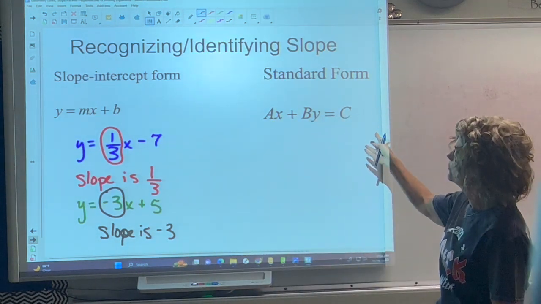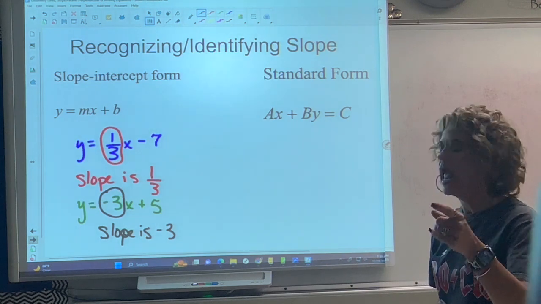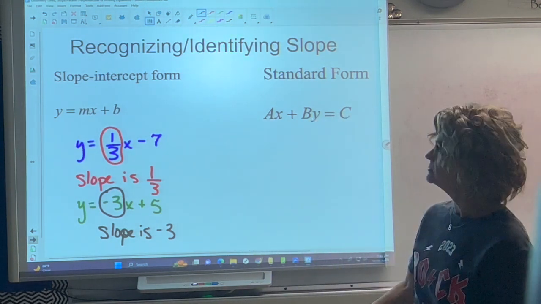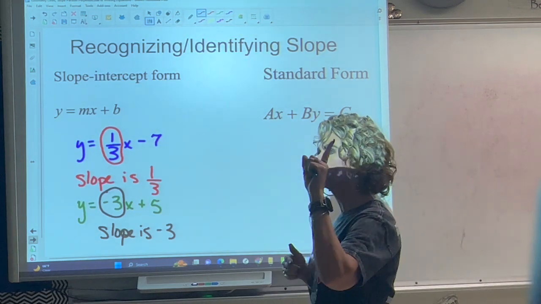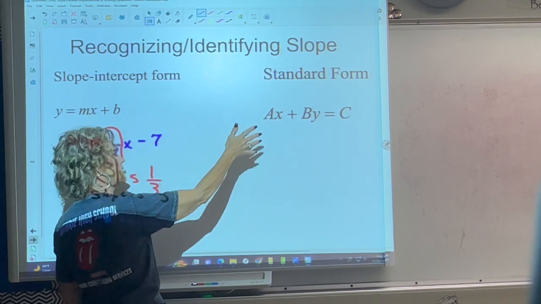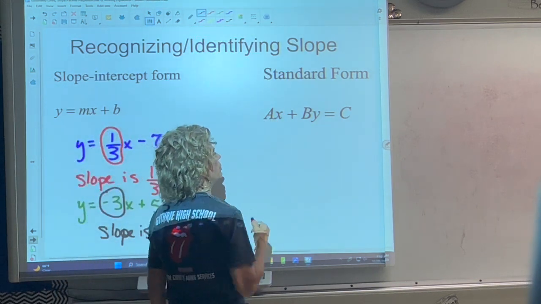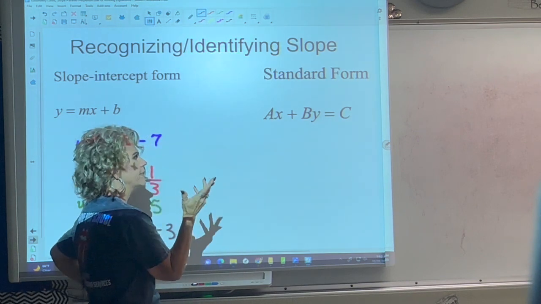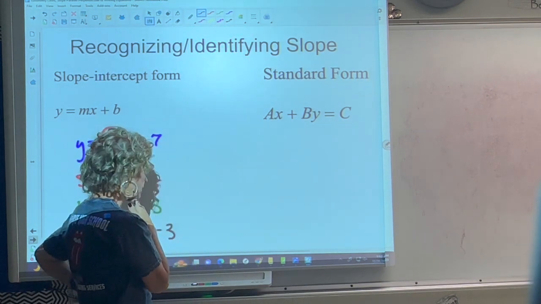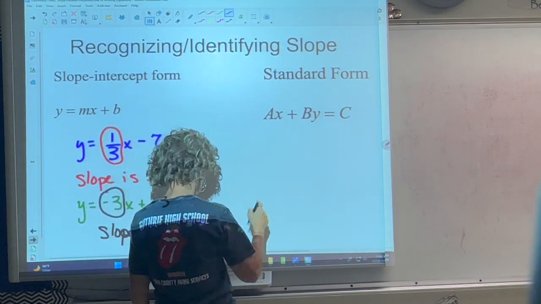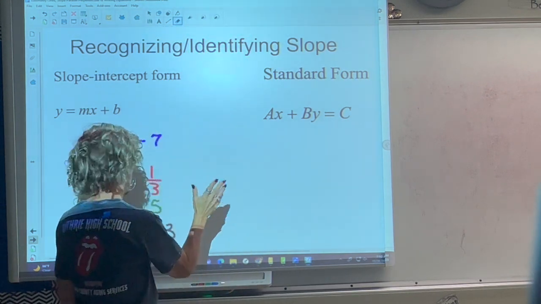When we get to standard form, you can absolutely put it in slope-intercept form. You can. I am all about let's work smarter, let's not work harder. So I would have to do a whole lot of manipulation to get the slope, okay? Well, what if I told you that, well, I tell you what, I'm not going to tell you anything.